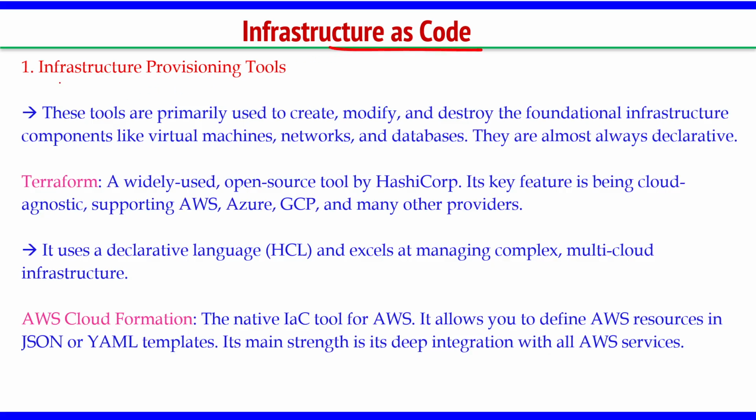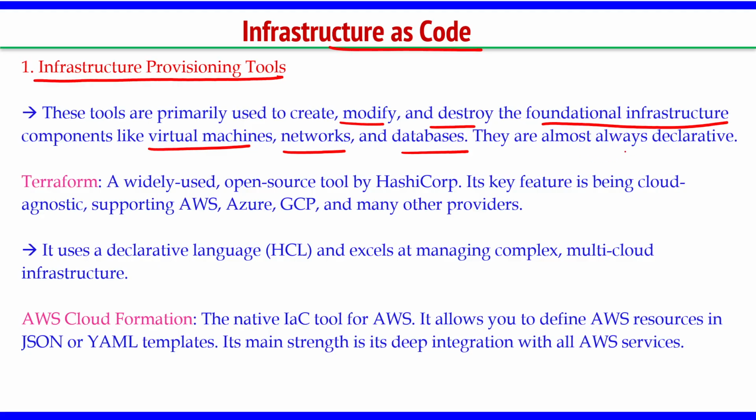In that, the first category is infrastructure provisioning tools. This is what we want. We want to create an infrastructure automatically, right? These tools are primarily used to create, modify and destroy the foundational infrastructure, like creating virtual machines, network, database, right? All these things can be provisioned using these infrastructure provisioning tools.